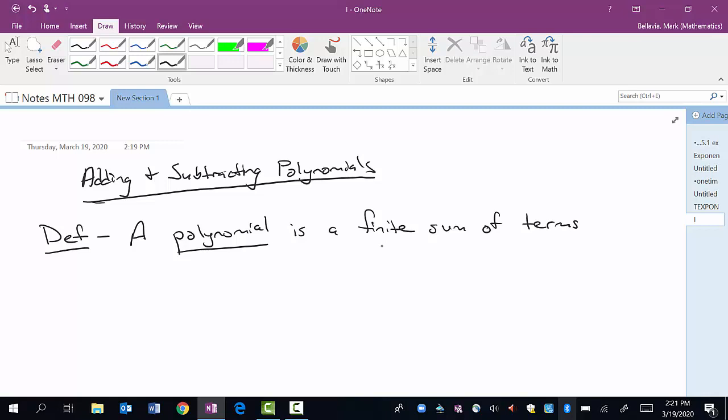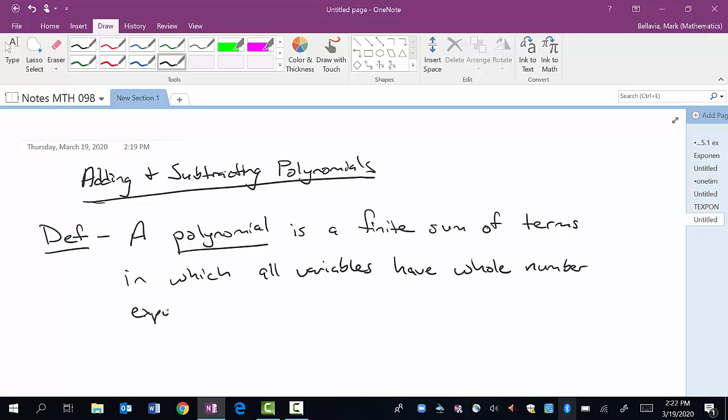So a finite sum of terms in which all variables have whole number exponents. When we say whole number exponents, we mean no negatives, and we also mean no fractions.